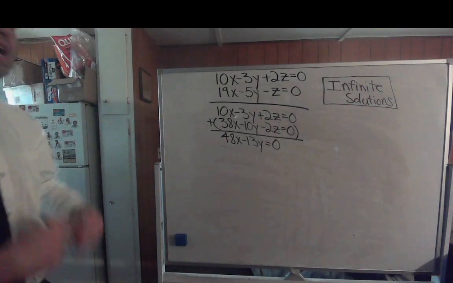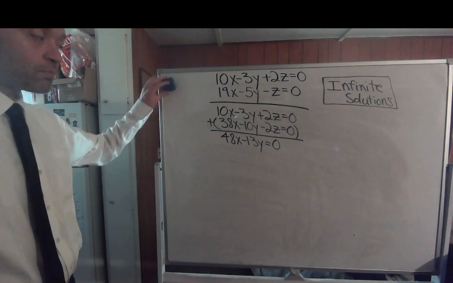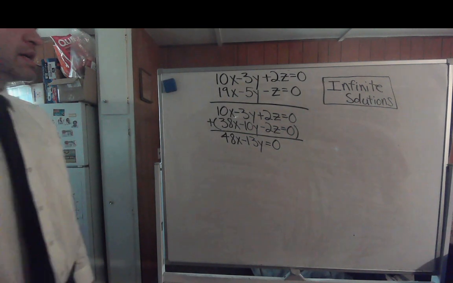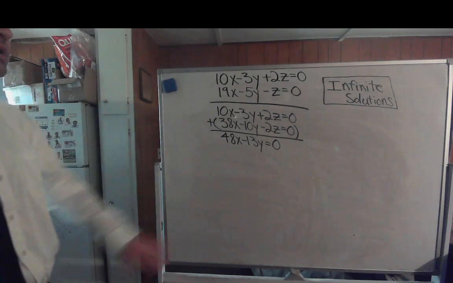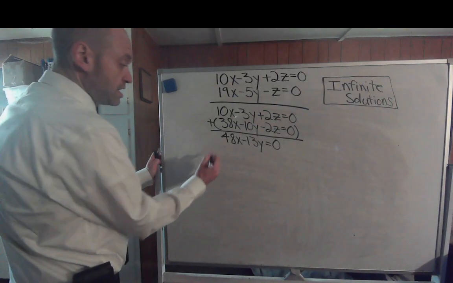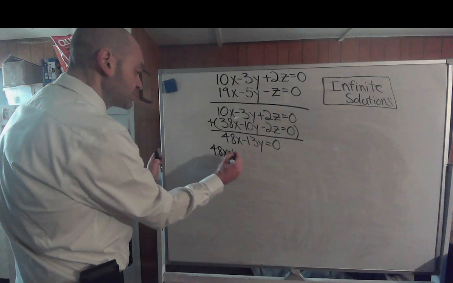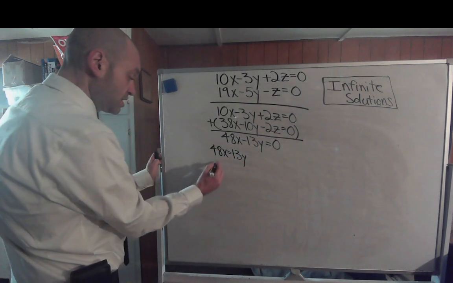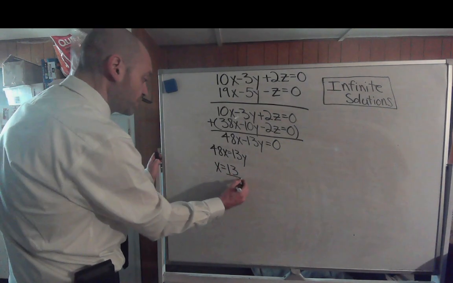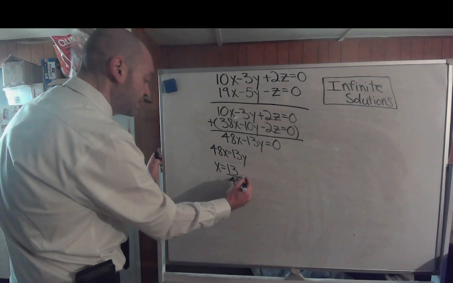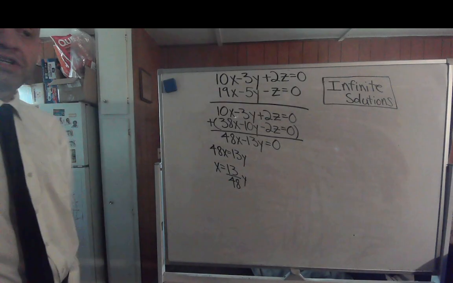So you see how nasty this can turn very quickly. Personally, I'm going to vote we solve for x. So this is going to then be 48x equals 13y, where x would equal 13/48 times y, which unfortunately just doesn't reduce.